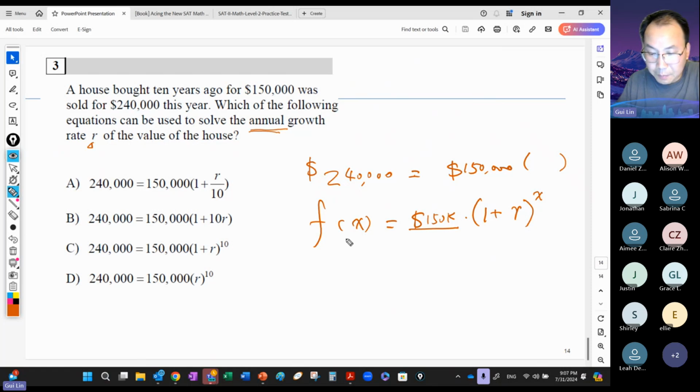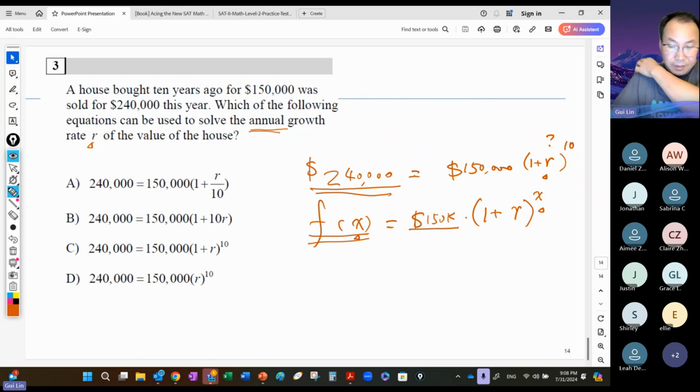Right now the year is 10. This equals 240,000. So 150,000 times 1 plus R to the power of 10. We need to know what R will be. Which one is exactly the same as what we wrote? This one. The answer is C.